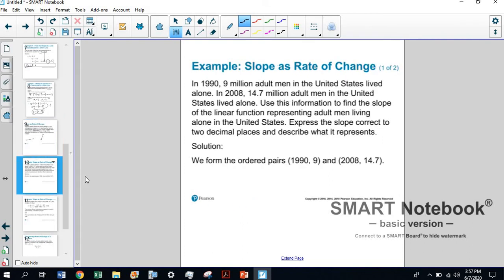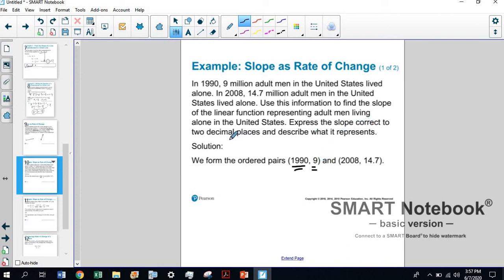So here's an example. In 1990, 9 million adult men in the United States lived alone. In 2008, 14.7 million adult men in the United States lived alone. So we form word pairs. We use the year as our x value and the number of millions of adult men living alone.